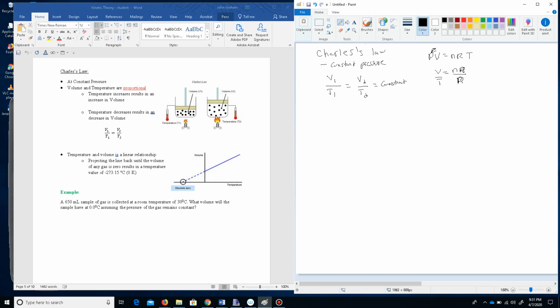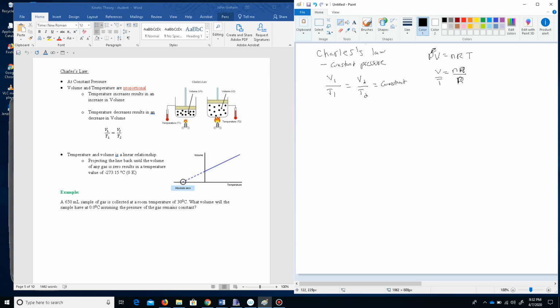As the volume increases with temperature heating, you end up with a new volume for a new temperature, an increased volume with an increased temperature. So another way to remember this is as the volume or the temperature increases, the other one will also increase. Increased volume, increased temperature. Decreased temperature, decreased volume.